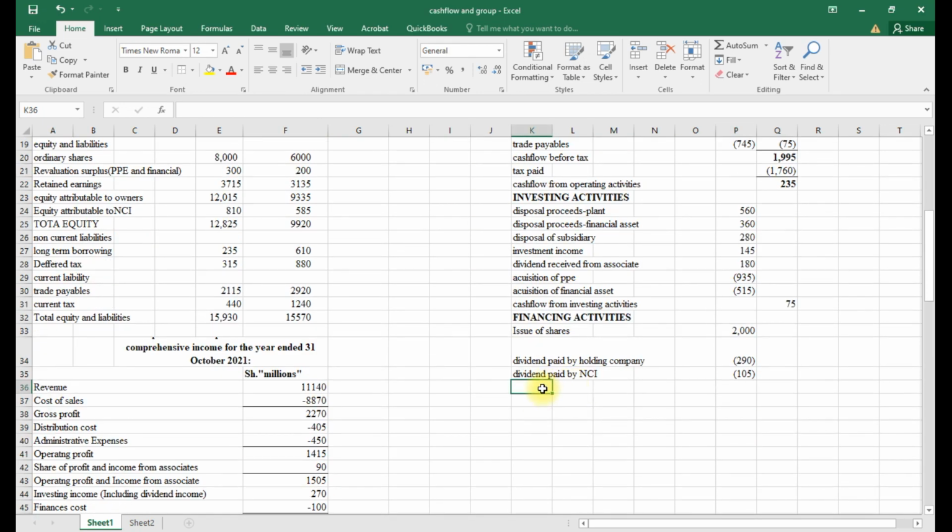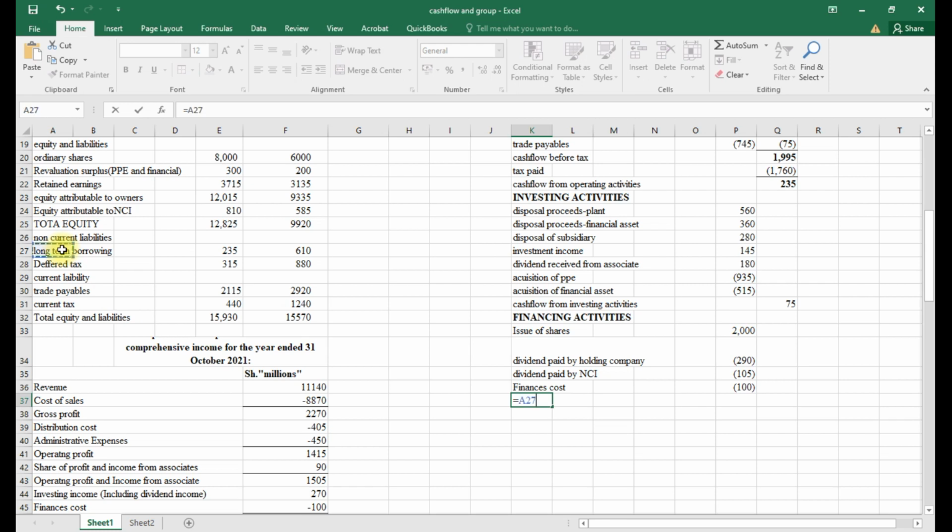The other thing is the finance cost. Just pick it directly here, the finance cost, and here what we paid, this value, we paid 100 as our finance cost. Then the long-term loan decreased, so we repaid the long-term loan.